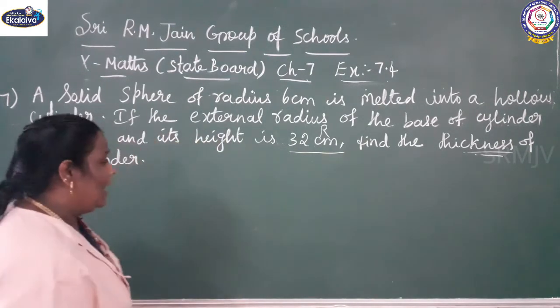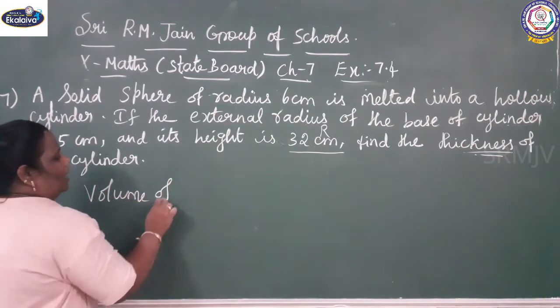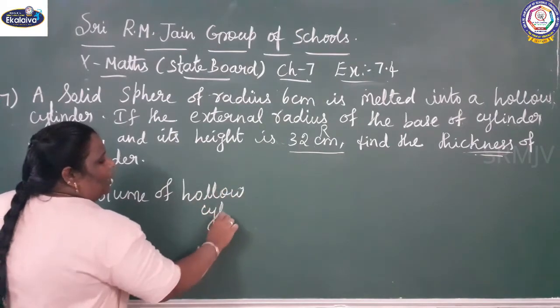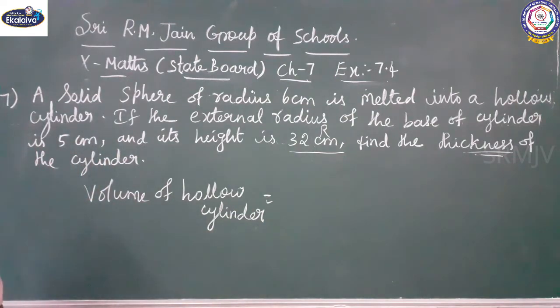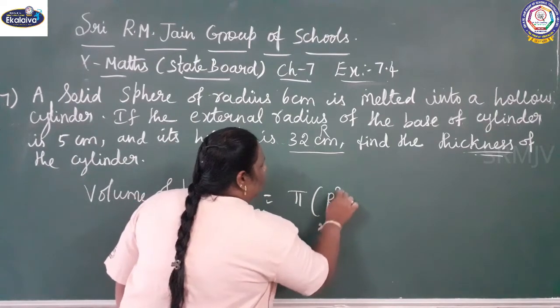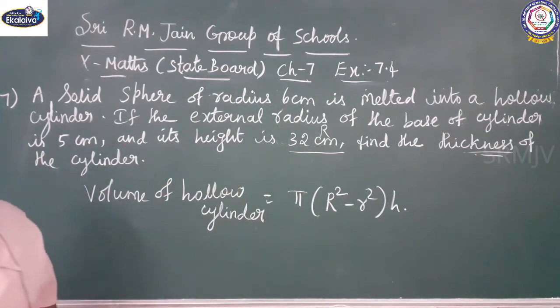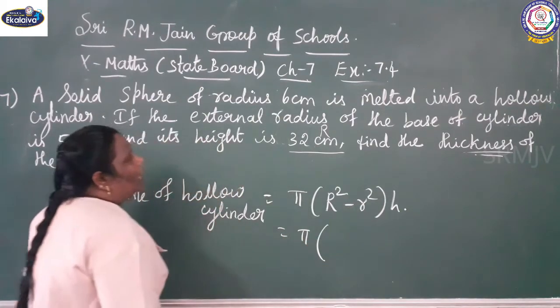See, volume of hollow cylinder. What is the formula? Volume of hollow cylinder equal to pi capital R square minus pi small r square into h. So what is the value of capital R?